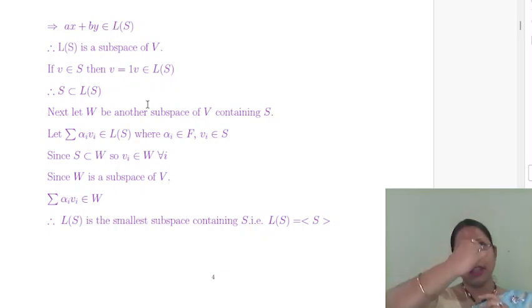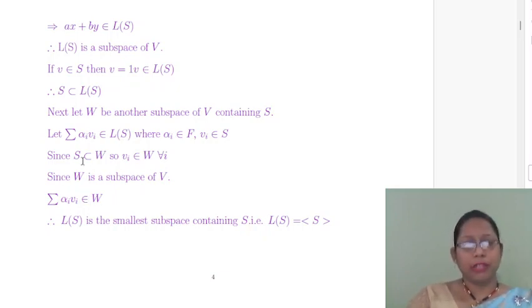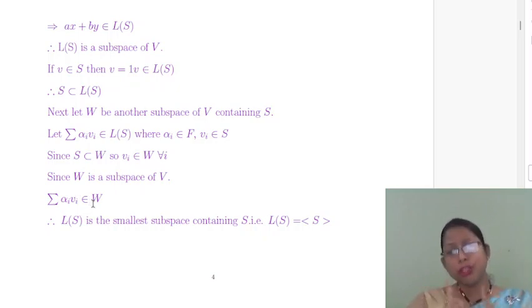That means if I take an element from the field and an element from the subspace, then their scalar multiplication belongs to W. So alpha i vi belongs to W. Their sum belongs to W as W is a subspace. Therefore, any element in the linear span is contained in W, that means the linear span is a subset of W. So the linear span is the smallest subspace containing S.